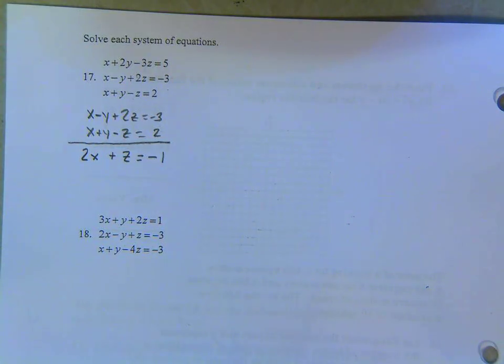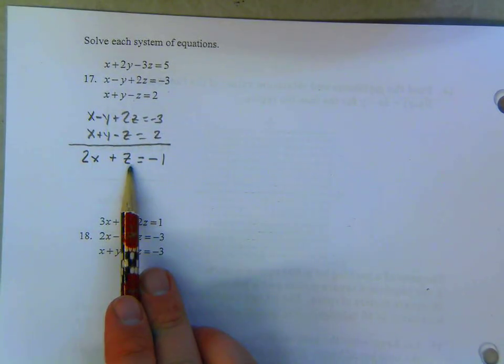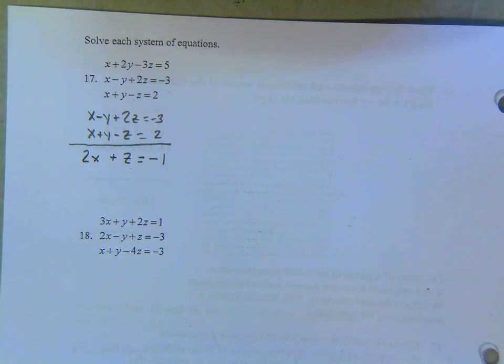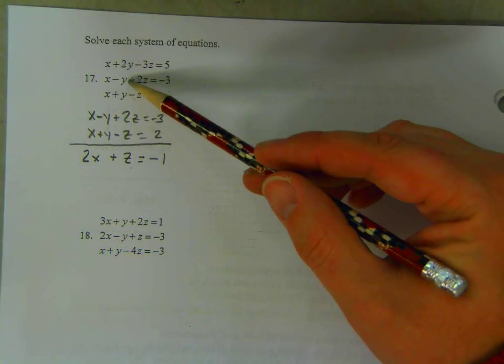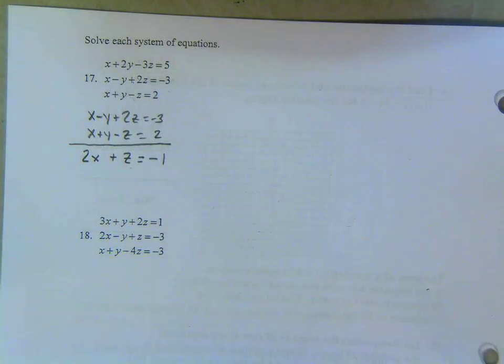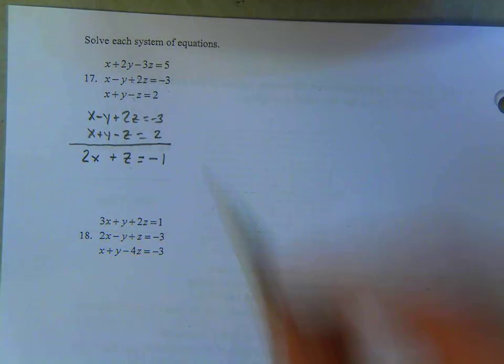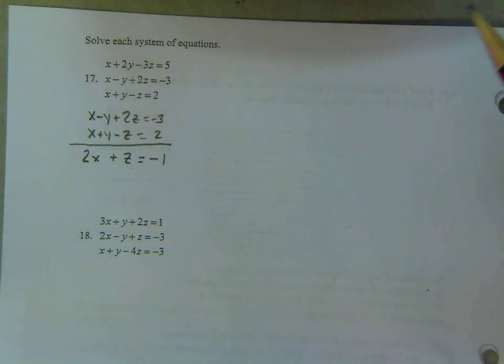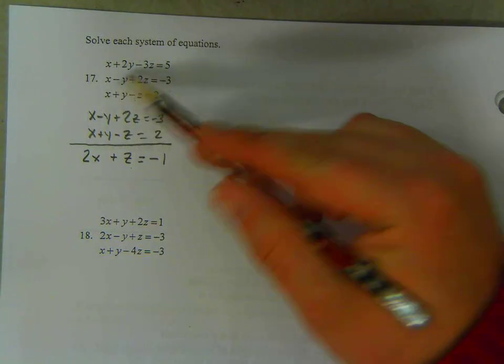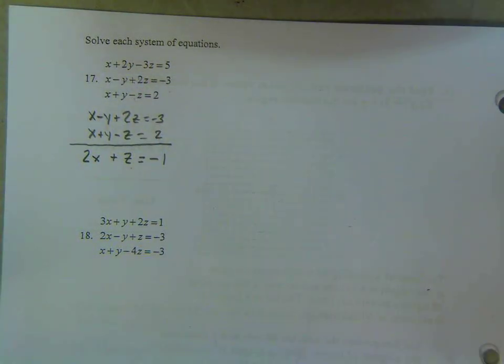Now, the next step is you need another equation that has only x and z in it. So you need to pick two other equations, either the first and the second, or the first and the third, since we've already used the second and the third, and you have to do something that will eliminate the same variable. So you have to eliminate y again. For instance, if I look at the top two equations, I'll multiply the middle one by 2.